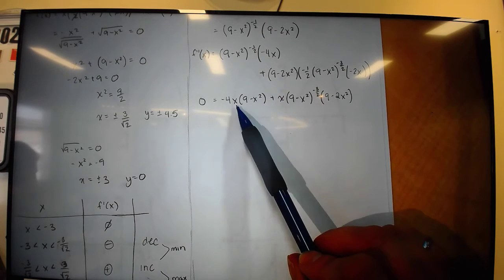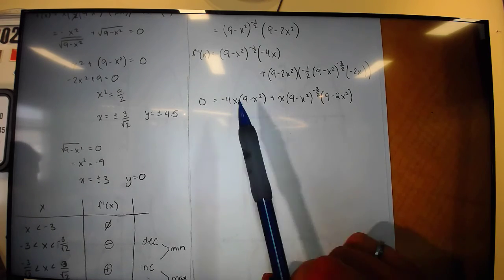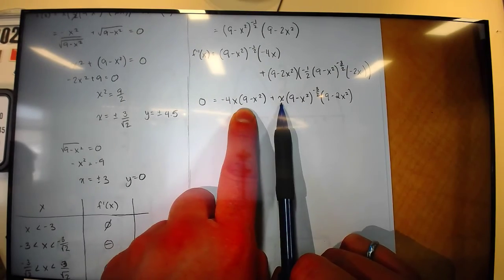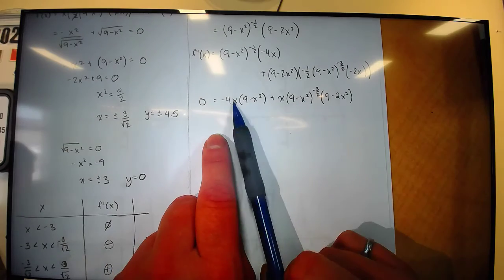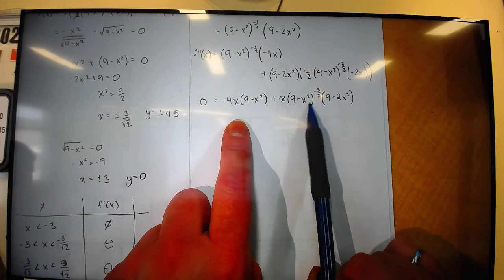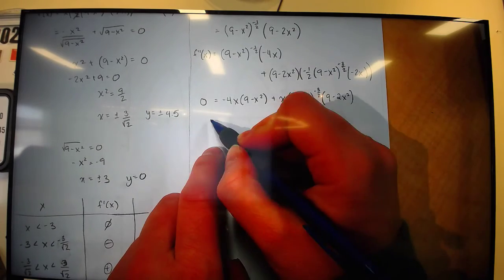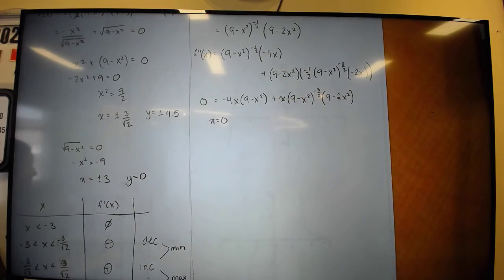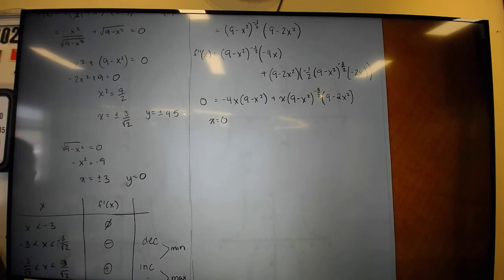So if we just look at this and think logically about it, if this is a 0 and this is a 0, then we have 0 plus 0, right? Because if the x is a 0 and an x is a 0, that turns this whole term into a 0 and this whole term into a 0. So we know that this is going to be equal to 0 when x is equal to 0 without actually having to do that complex math.